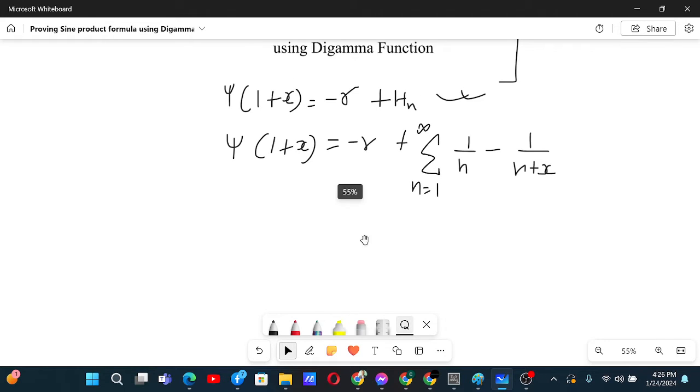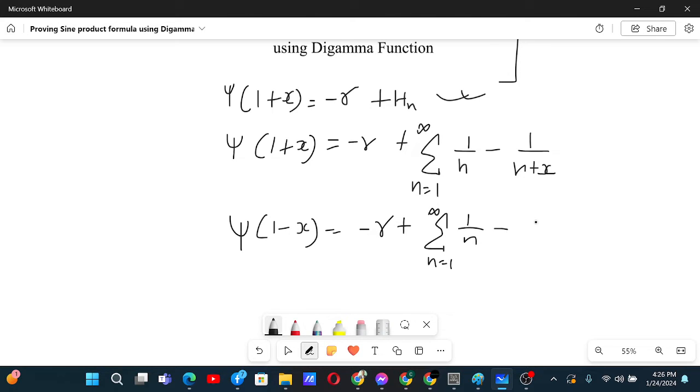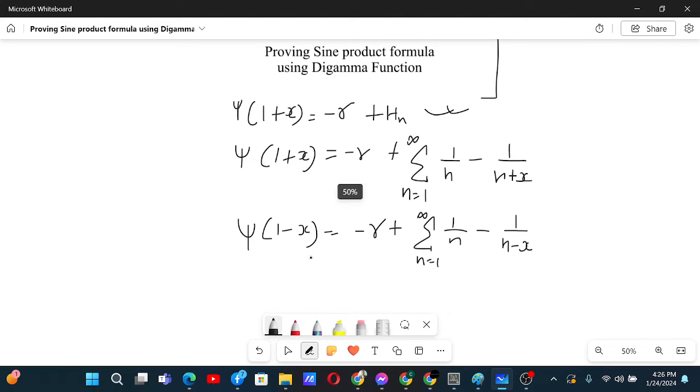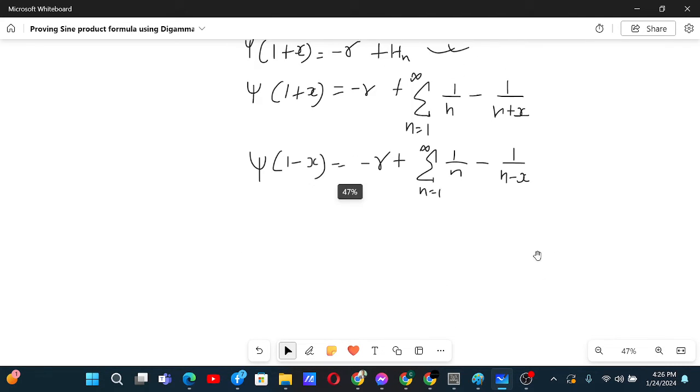Okay, so now we have this formula, and if we now try to find digamma of 1 minus x, we will have negative of the Euler-Mascheroni constant plus sum from n equals 1 to infinity of 1 by n minus 1 by n minus x. Basically we substitute x by minus x. Now we will subtract the first equation from the second.